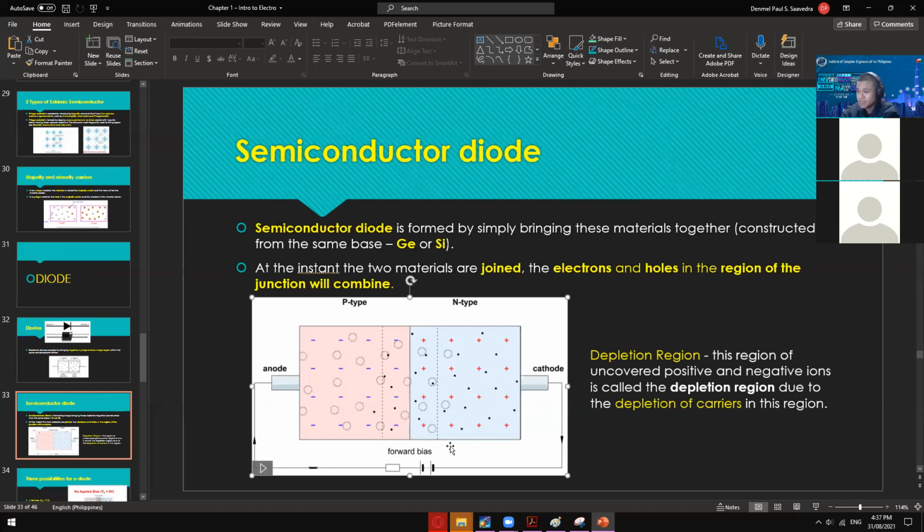And then as you guys can see, the hole and then the electrons are meeting on the depletion region. So kapag nagmi-meet sila, ang nangyayari niyan, mas lumiliit yung depletion region natin. So mas maliit yung depletion region, the more electricity that can flow on this path right here.